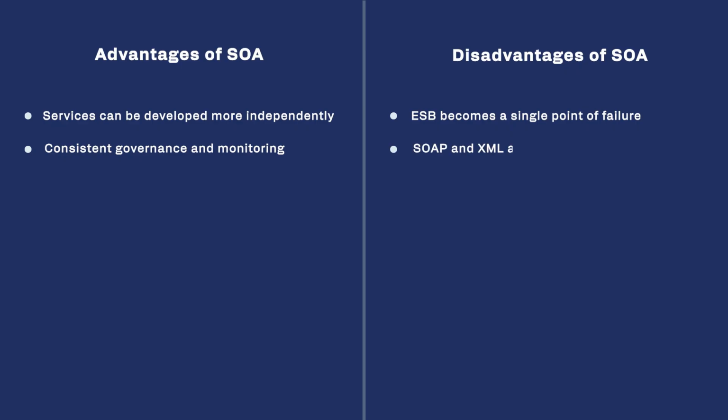SOAP and XML are heavy and complex, making systems harder to build and maintain. Because of this complexity, SOA is today mostly found in older enterprise or legacy systems. And to address this issue, a newer approach emerged: microservices.